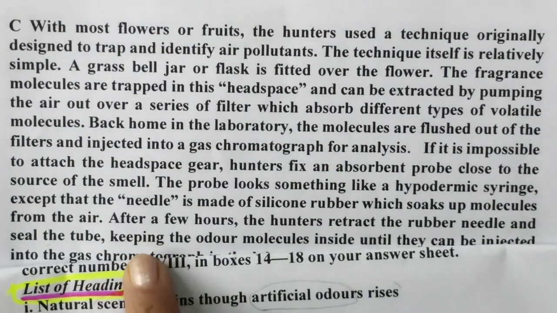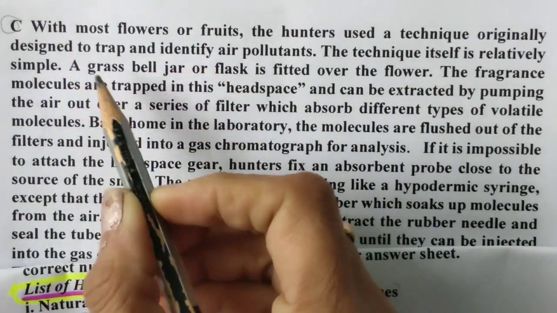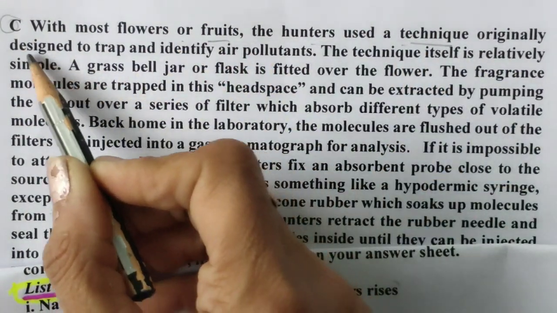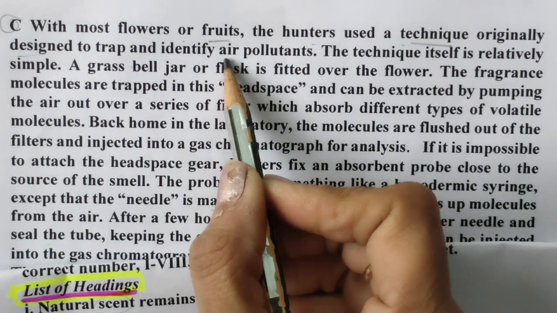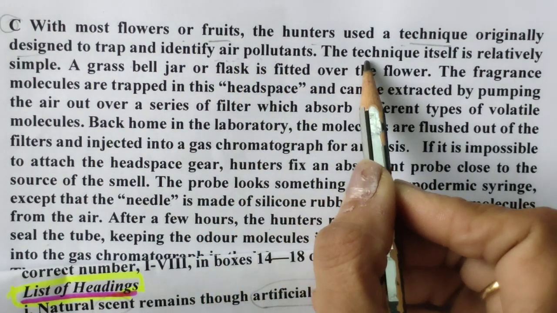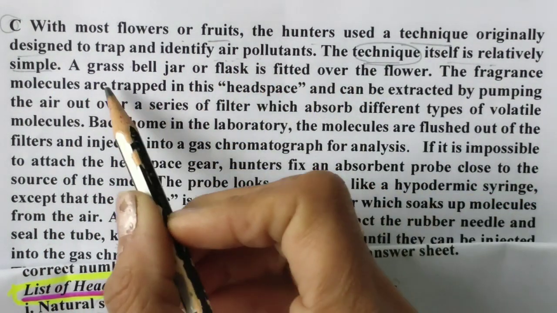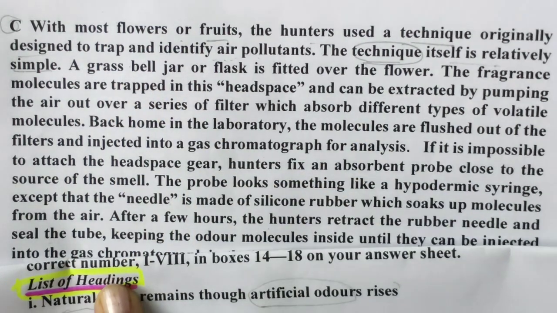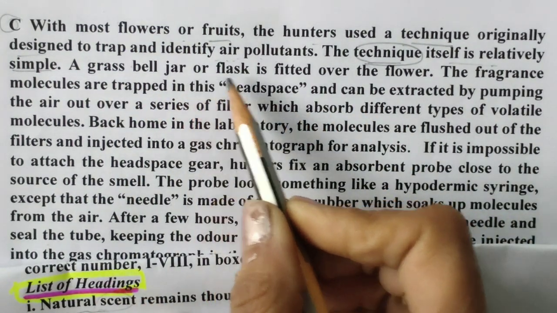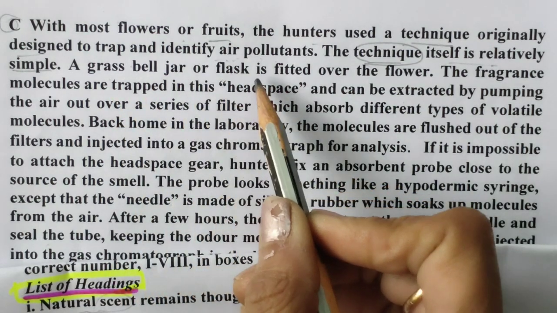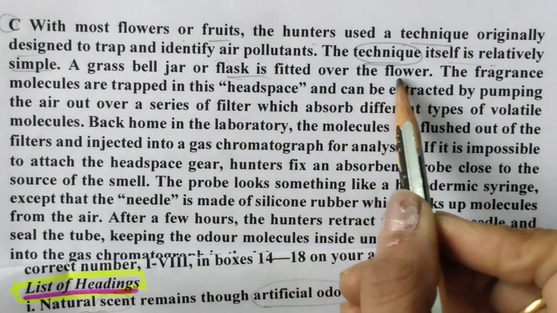Now I am showing you the third, C paragraph. See this. With most flowers or plants, the hunters used a technique originally designed to trap and identify air pollutants. This technique is relatively simple. I think they are talking about a technique, but let's read a little bit more. Small sentences are there. A glass bell jar or flask is fitted over the flower.